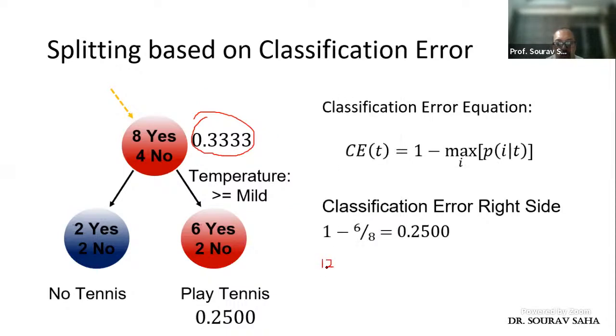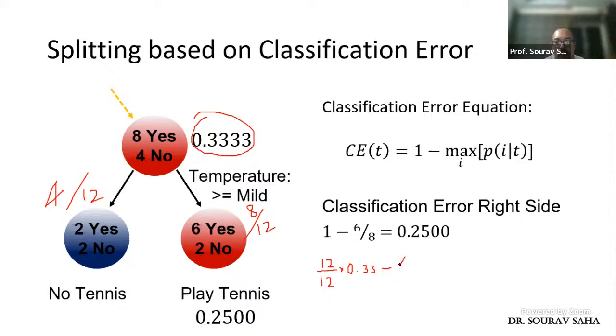So 12 of 12 data points gave you this impurity of 0.33. But what has happened is that on the left hand side, 4 of the 12 have come in, and on the right hand side, 8 of the 12 data points have come in.